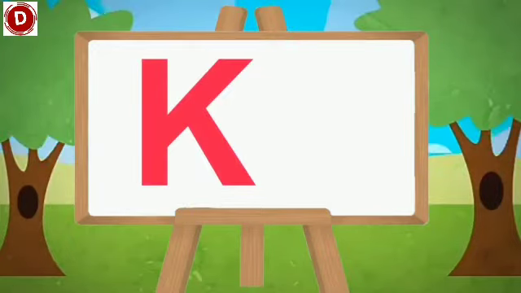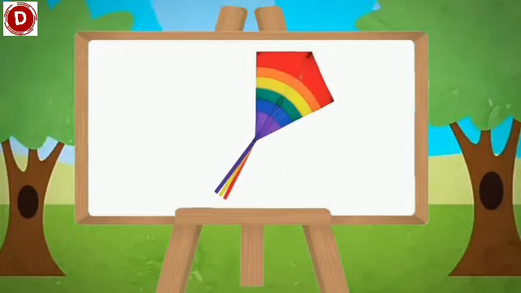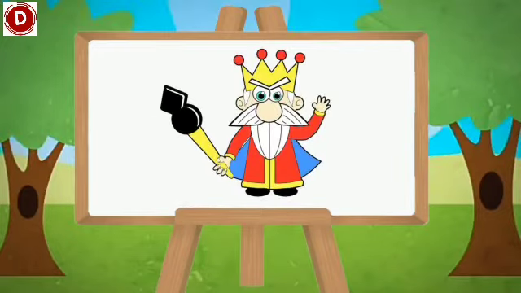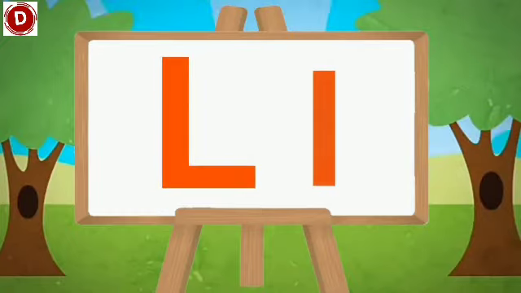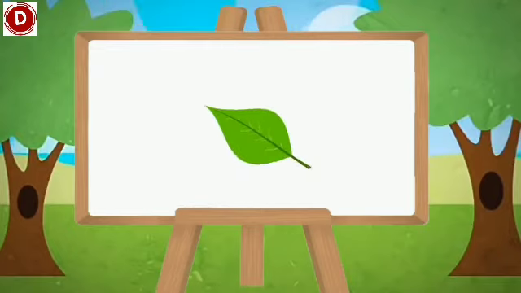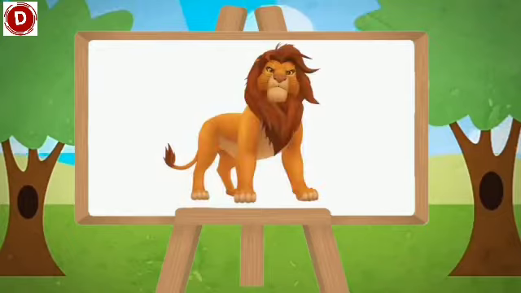Children, this is capital K and this is small k. K for kite and K for king. Capital L and small l. L for leaf. L for lion.